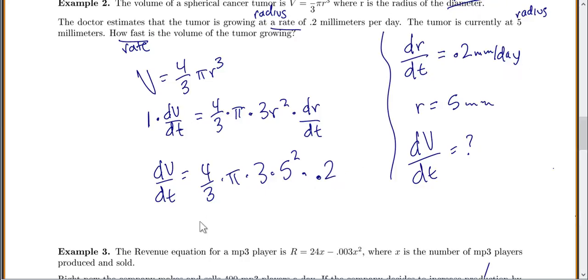Looks like we've done everything. We're just down to dV/dt, which is 62.83. And this is volume, so this would be millimeters cubed per day. So if you know how fast the radius is changing, you can then find the related rate of how fast the volume is changing.